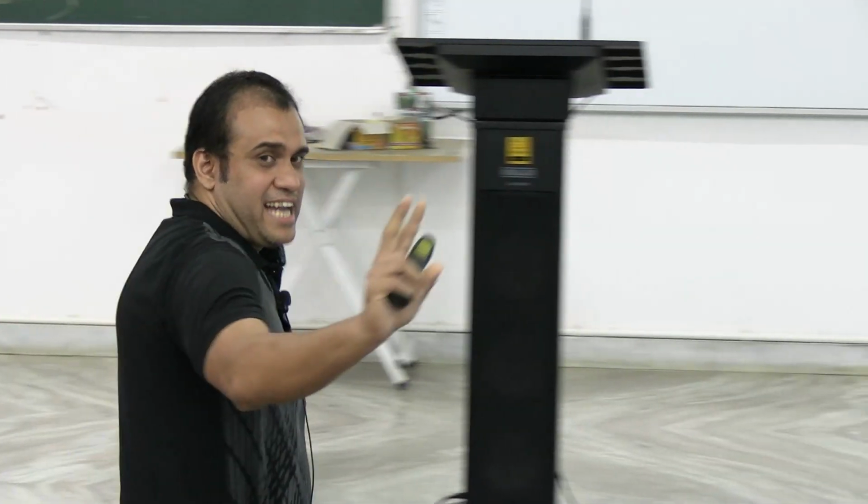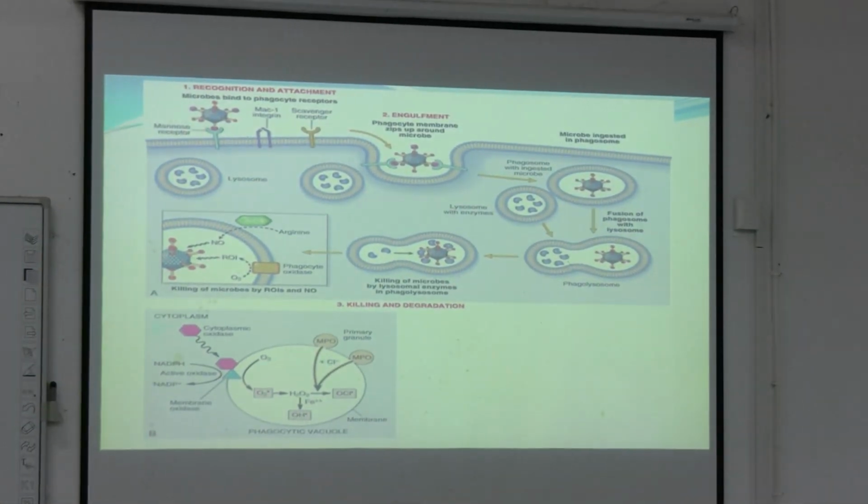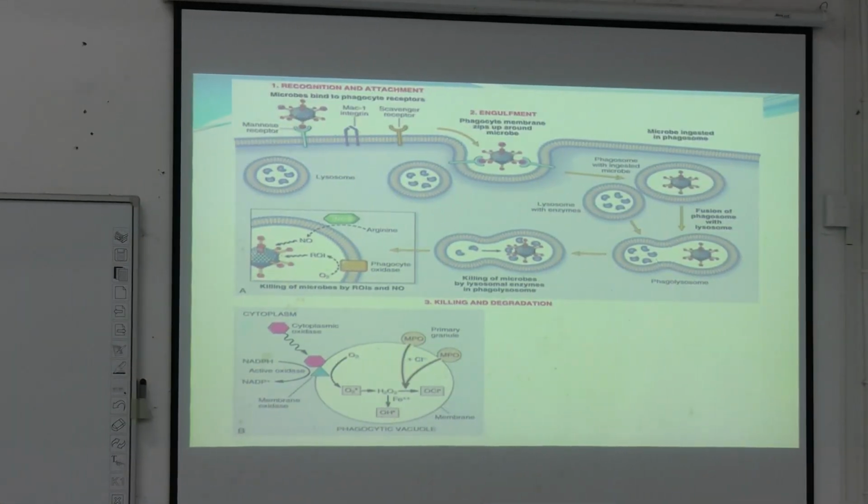The microbes getting attached to the phagocyte receptors, the phagocyte receptor zips around the microbes forming a phagosome. This phagosome fuses with the lysosomes. Lysosome এর মধ্যে কি আছে? Lysosomal enzymes. And the bacteria inside the phagolysosome is killed, is degraded with the help of lysosomal enzymes. সেখানে free radicals এর ক্লাসে এক্সপ্লেইন করেছি আমি reactive oxygen species, reactive nitrogen species. Okay?